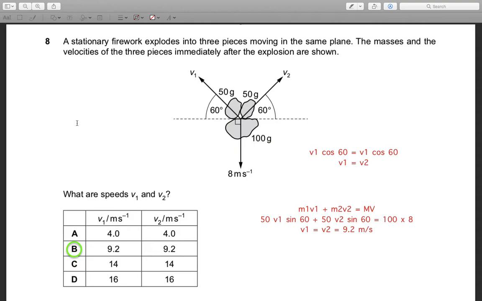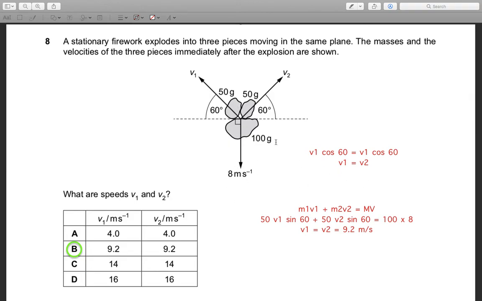Also V2, mass 2, has 50 grams and makes an angle with the horizontal plane of 60 degrees, but the other mass, 100 grams, goes down with velocity 8.